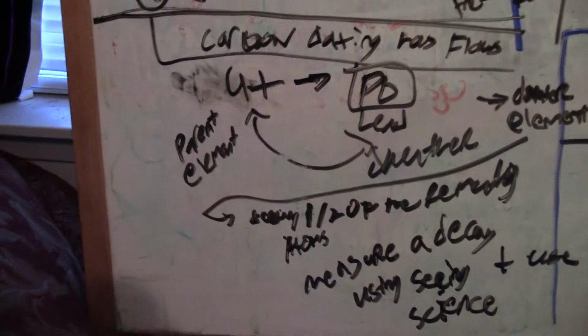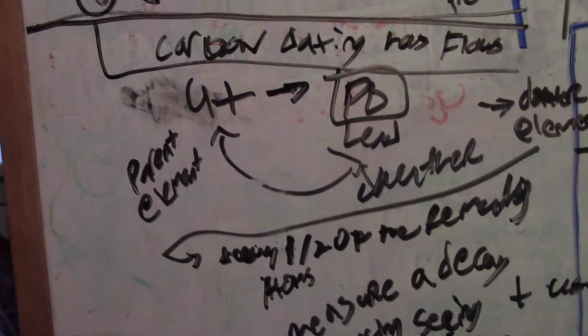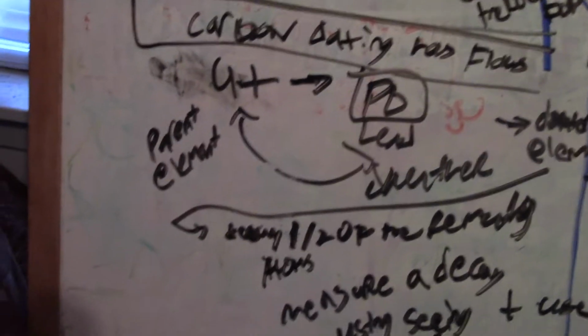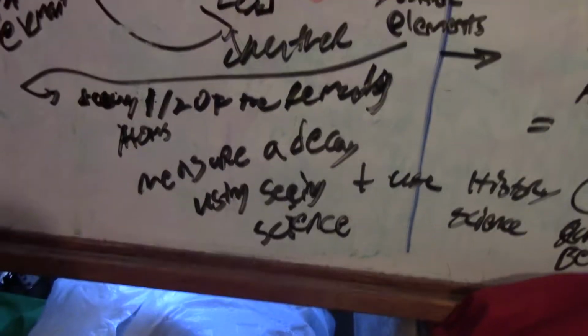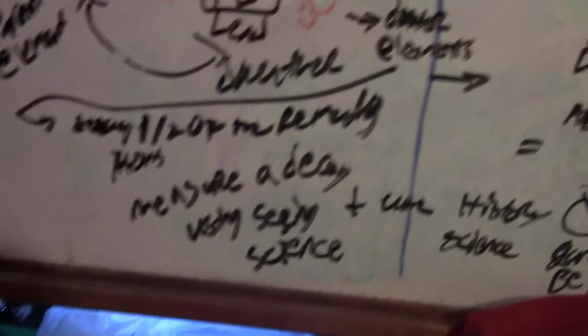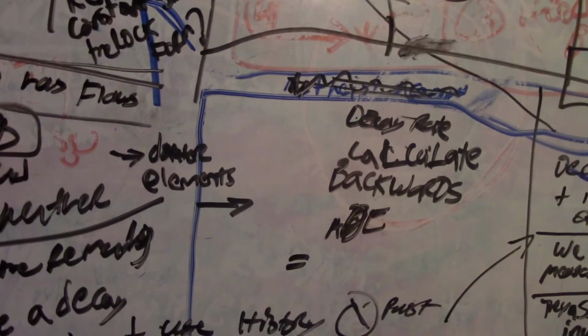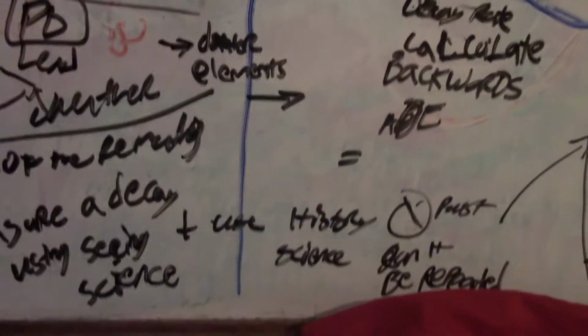Carbon dating has lots of flaws. See, they use uranium and lead, the mother element and then the daughter element. They use that to look at the decay rate of atoms, and then they see how it goes from a constant rate. They try to detect it backwards, but you can't repeat the past.